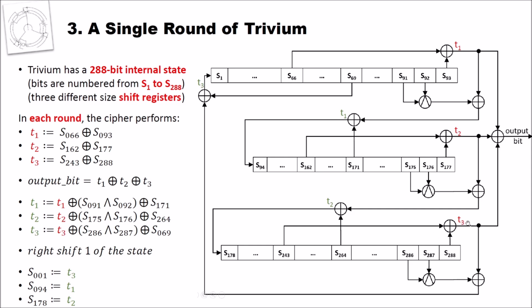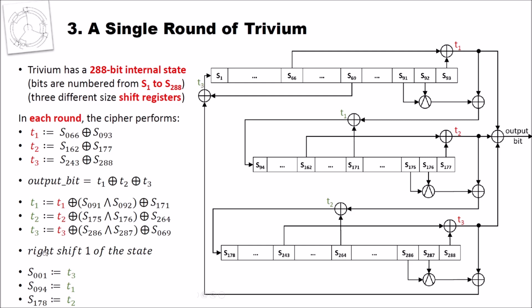We get the previous value of T3, we XOR it with an AND combination of 2 bits, in this case S286 and 287, and then it is XORed also with a bit from the next shift register. In this case, we have to go to the first shift register. We take S69, this bit value here, and we XOR it with this value to get the T3 in green.